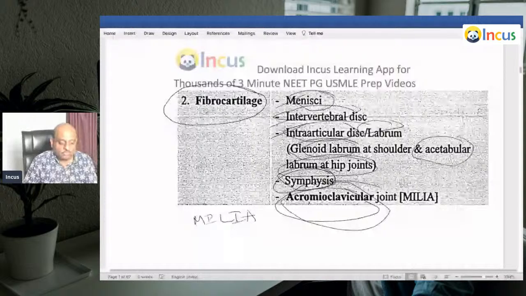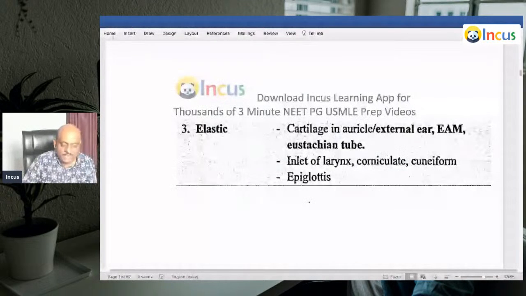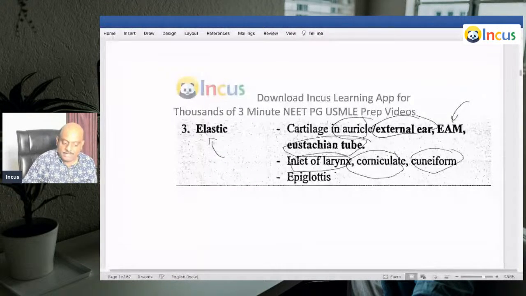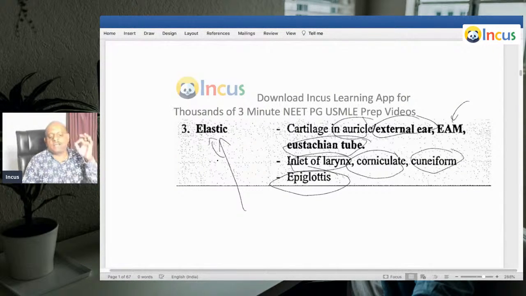Now, the third type of cartilage you need to remember is elastic cartilage. The cartilage in the auricle, external ear, external acoustic meatus, eustachian tube, inlet of the larynx, corniculate, cuneiform cartilage, epiglottis, they're all elastic cartilages, is what you have to ultimately remember.